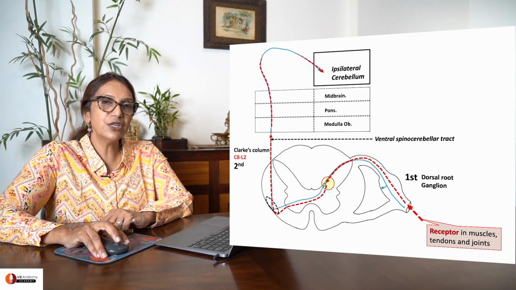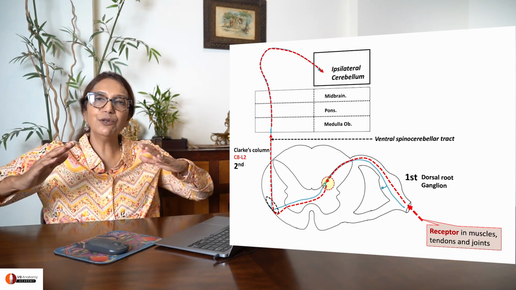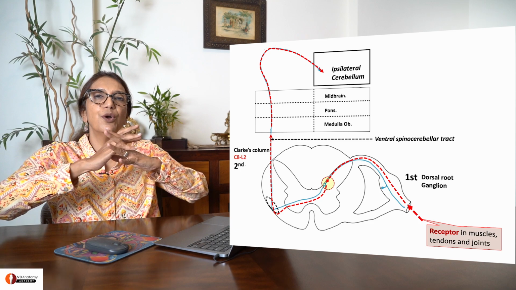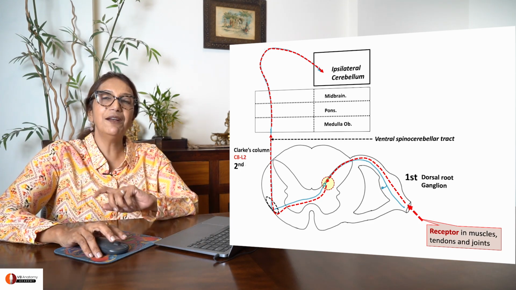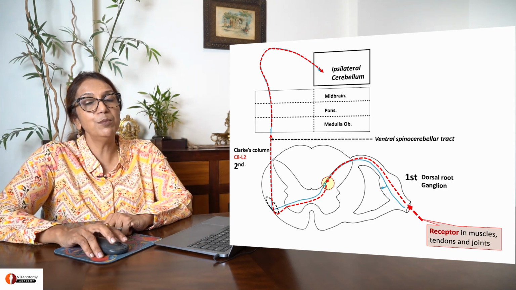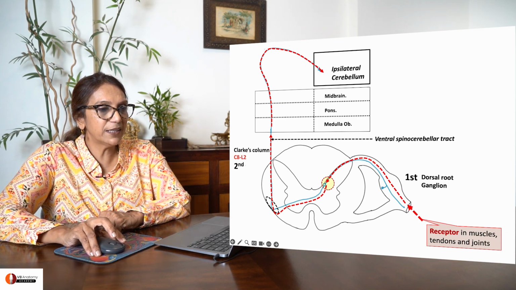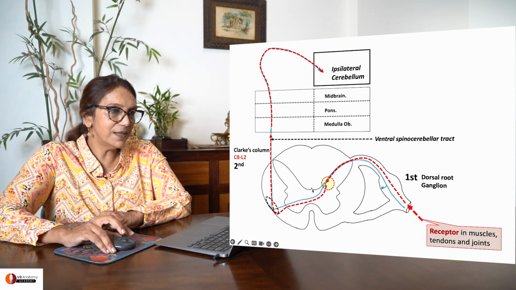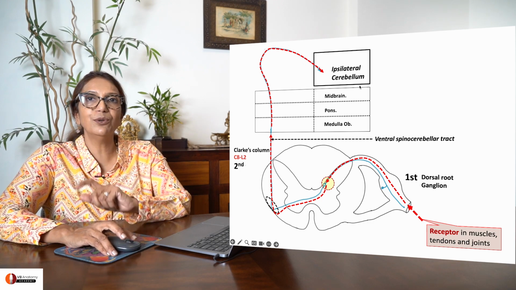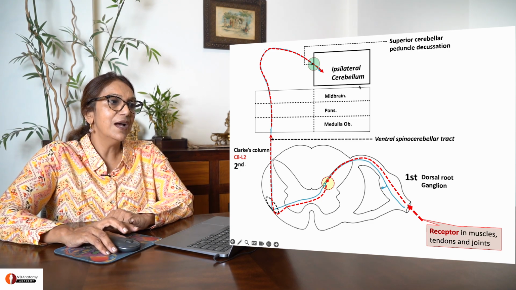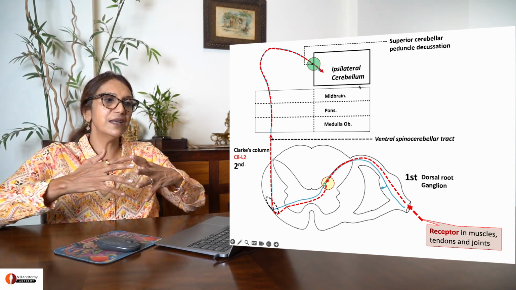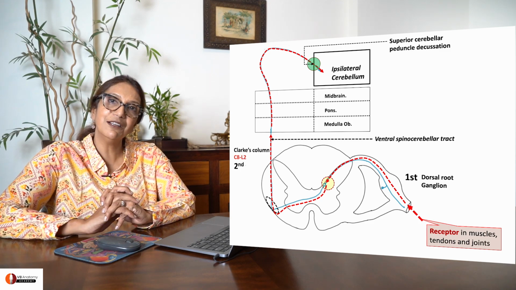But as it reaches the midbrain, it enters into the superior cerebellar peduncle, crossing over to the opposite side and finally reaching the ipsilateral cerebellum. The sensation was picked up on this side. After this whole story, it goes back to the ipsilateral cerebellum after traveling through the superior cerebellar peduncle decussating fibers.